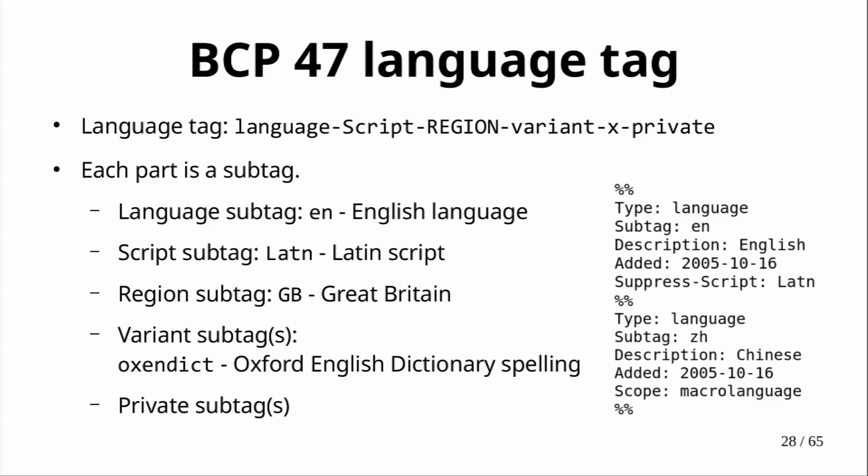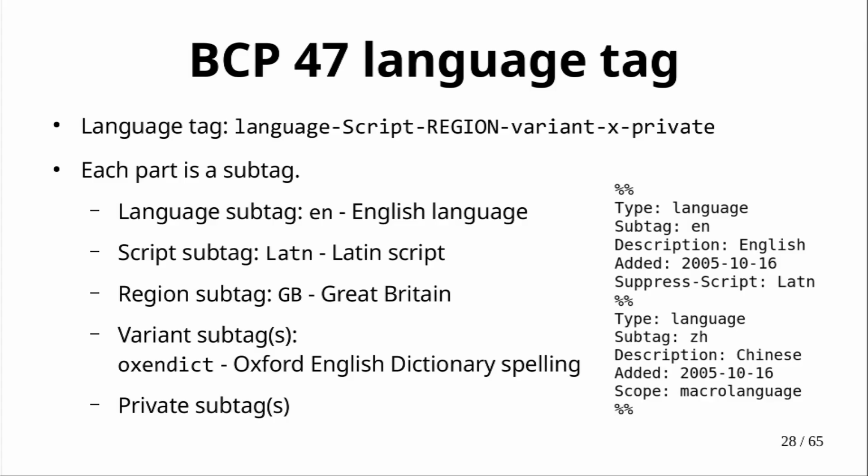For example, when you're using a language tag for the English language, the language subtag will be EN. The script subtag is LATN, but because there is a suppressed script field there, we actually use EN instead of EN-LATN. For example, if you want to specify the English language of Great Britain, you use EN-GB.